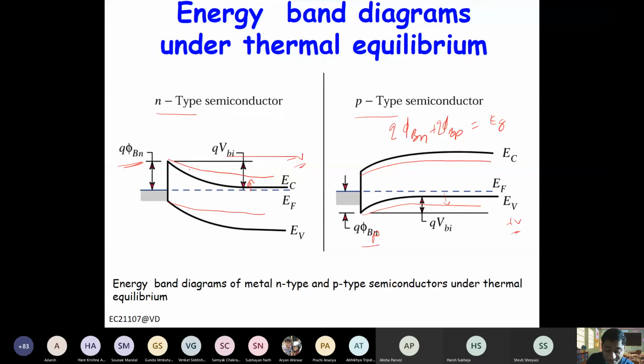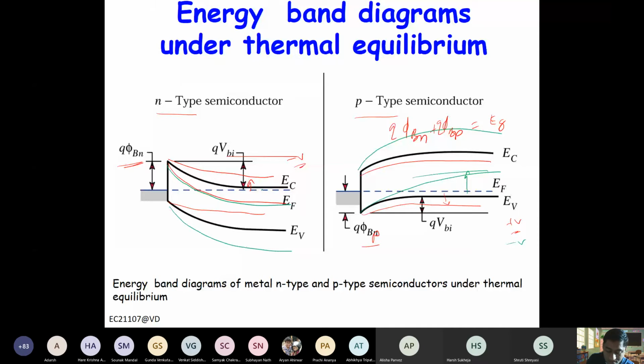When you reverse bias it, this barrier will increase, right? Let me use a different color. Reverse bias. And the Fermi level will go up, so we will apply negative voltage here.